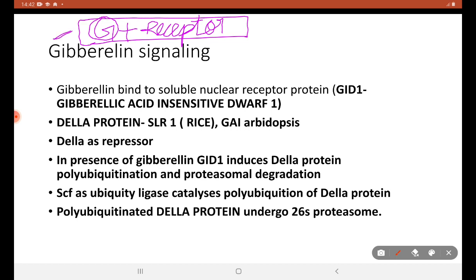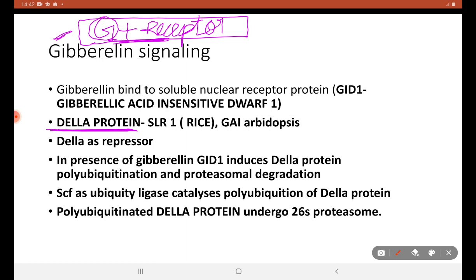This binding is controlled by DELLA protein, a proteinaceous compound. Generally, what happens if a ligand binds to a receptor? A conformational change takes place. The same thing occurs here. A conformational change takes place when gibberellin attaches to the receptor.